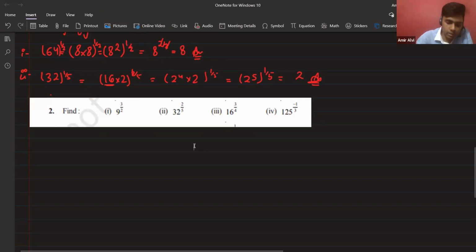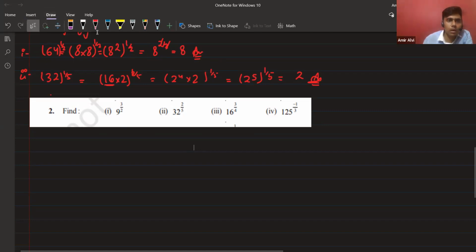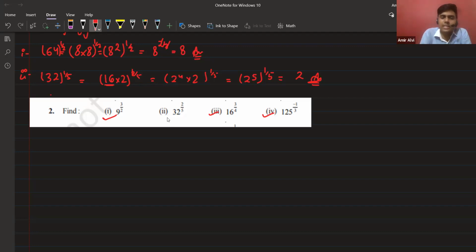Let me take the question numbers for you. Mark this one, and this one. I'm giving you 3 minutes to solve it. Okay, solve it and let me know the answer. Very easy. 3 minutes are more than enough.